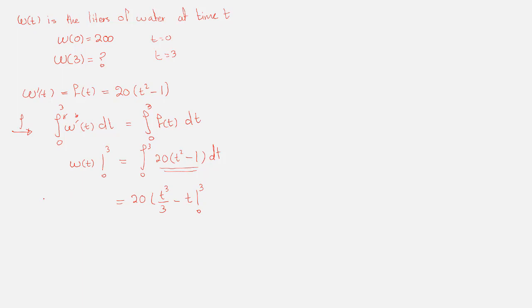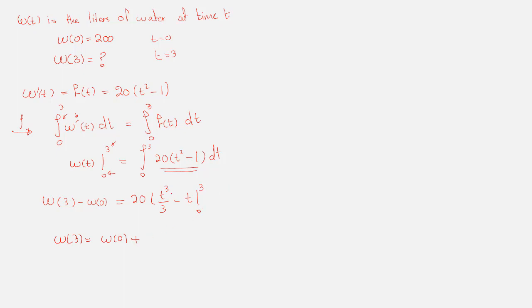Okay, and on this side we will substitute with 3 and then substitute with 0. So we will get W of 3 minus W of 0. Okay, and now we will get W of 3 equals W of 0 plus what?